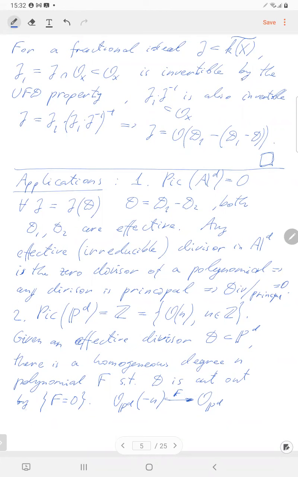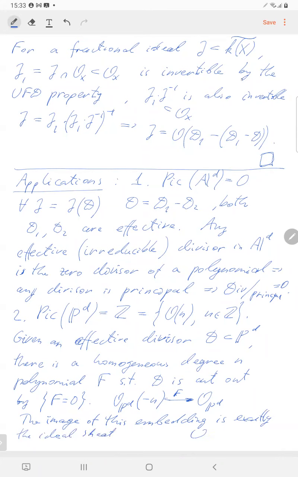And the image of this embedding is exactly the ideal sheaf O_PD of negative D. Because what do we want to get?